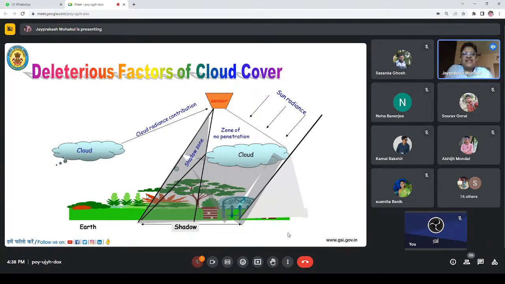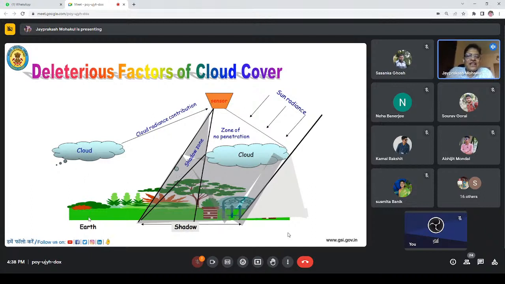Now, one of the deleterious effects of cloud is that a cloud sends radiance to the sensor also. Since you have a cloud here, information from this part does not go through. You have a shadow zone here, right? So the whole thing is a shadow, and you don't get any information about this object.